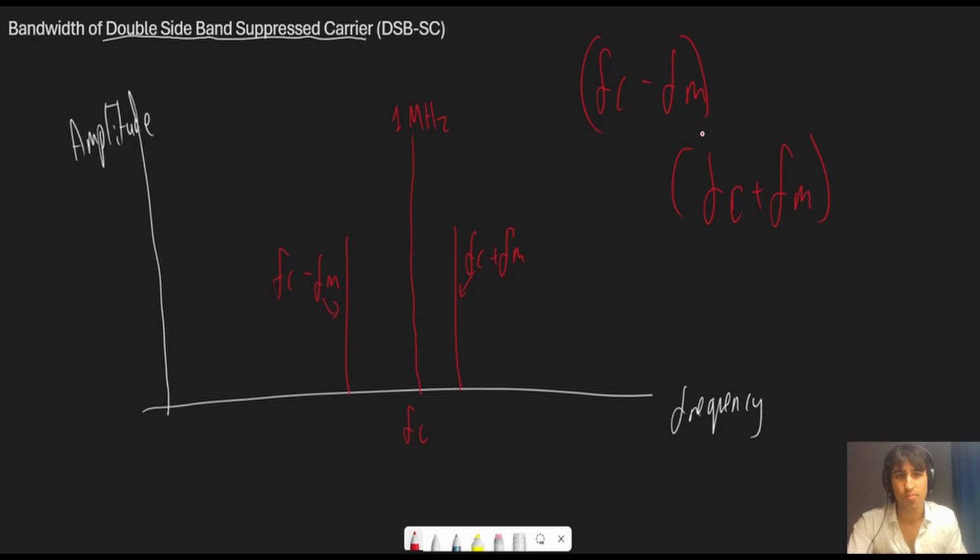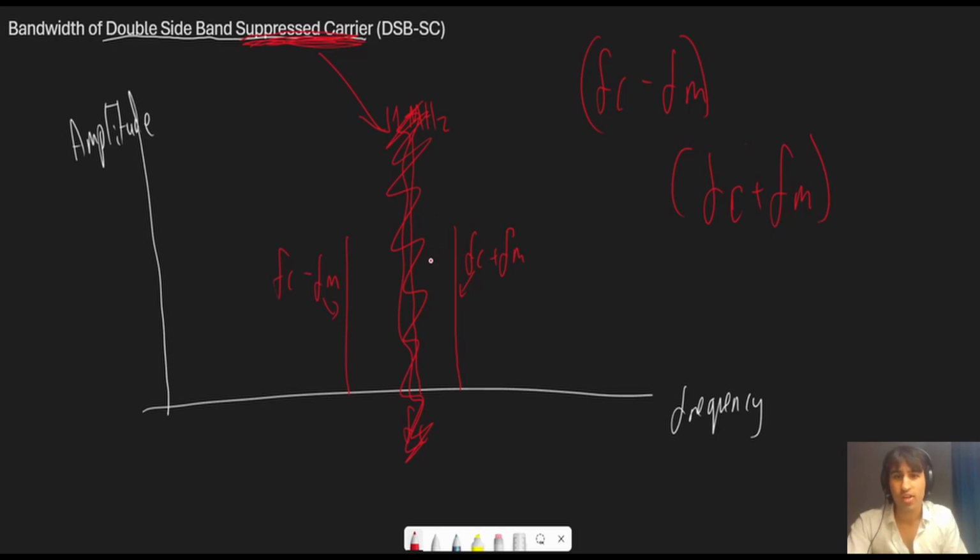The frequency of the carrier is not present in this AM signal. That's why it's called suppressed carrier, because there's only fc minus fm or fc plus fm, so there's no carrier alone.